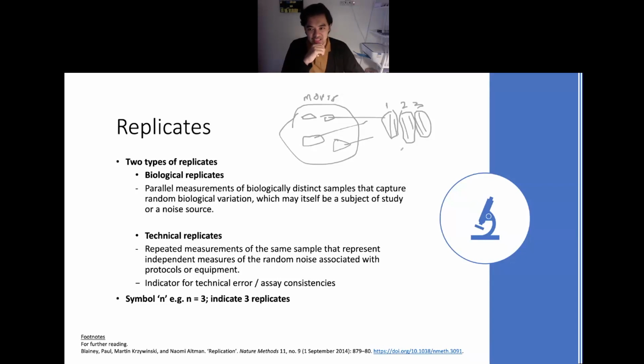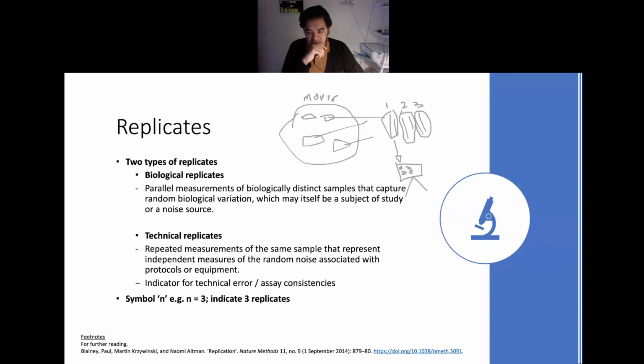So what is the technical replicate? For example, you have this sample 1 here. You take the cells from the bone marrow and grow them in a plate, 1, 2, and then you do another.